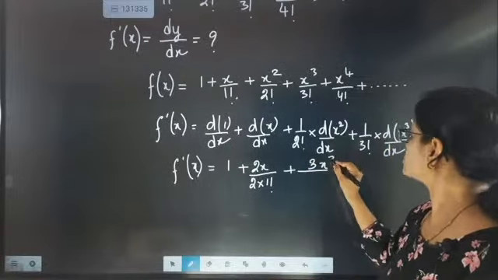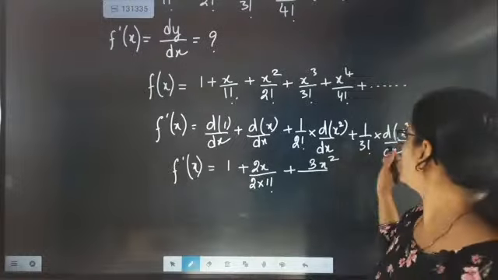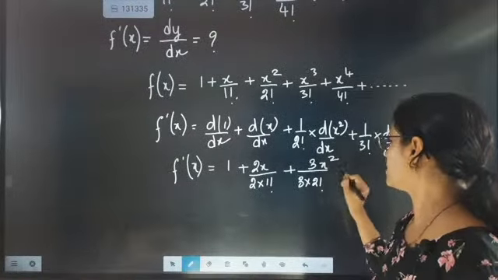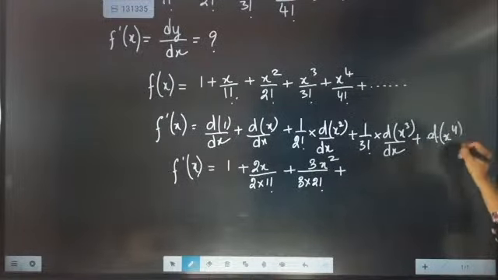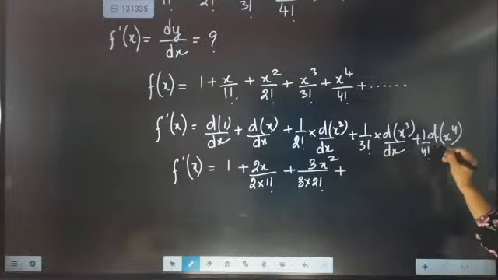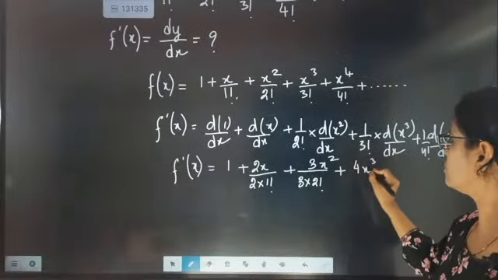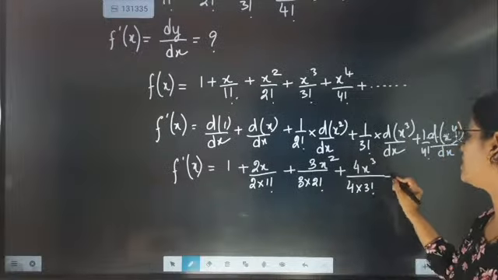Differentiation of x cube will become 3x square, and down there it is written as 3 factorial, that is 3 into 2 factorial. Now if another term is there, x4, here 1 by 4 factorial will be there. So it will become 4x cube by 4 factorial. So 4 factorial will become 4 into 3 factorial, and so on.